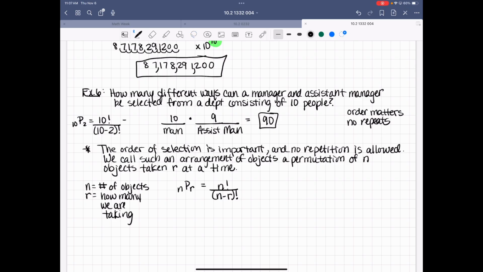That's 10 factorial over 8 factorial. 8 and down cancel out, right? So that would have left me with just the 10 times the 9, which equaled 90. And you're going, well, that took longer than saying 10 times 9. Yes, it did.